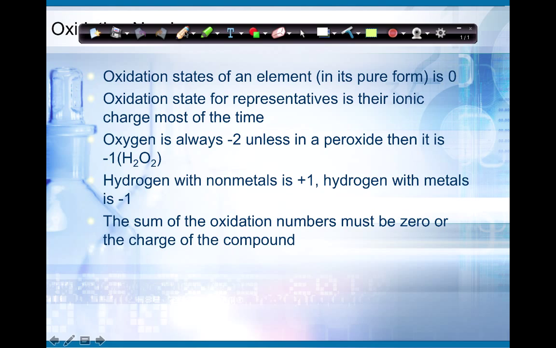Like if I had NaH, well, sodium is a +1, hydrogen is actually -1 here. It's called hydride when it's like that. And then the sum of the oxidation numbers will always be equal to 0 or whatever the charge of the compound is. So if I had a polyatomic, like permanganate, well, permanganate's charge is -1. Overall, all of these things together need to equal -1 when you add up the oxidation numbers.